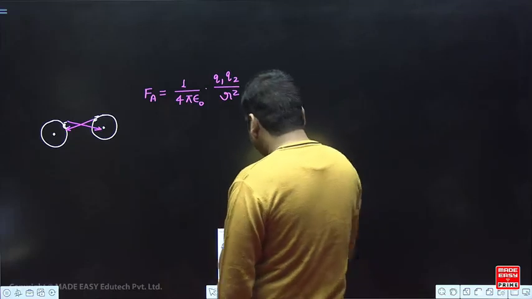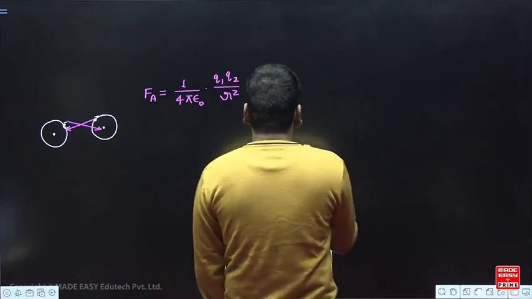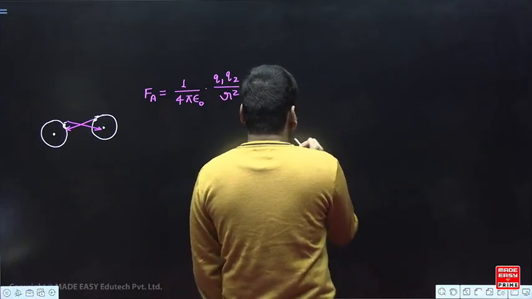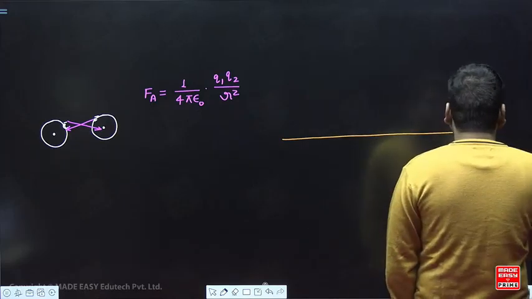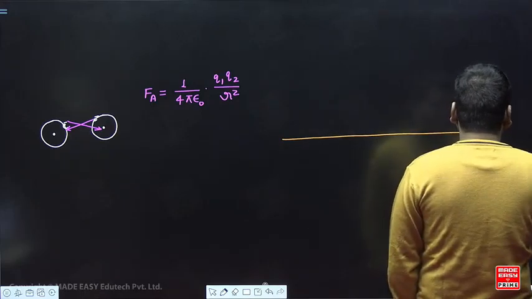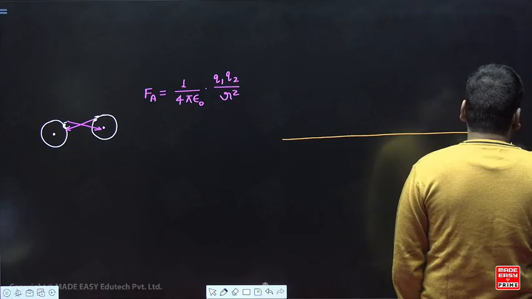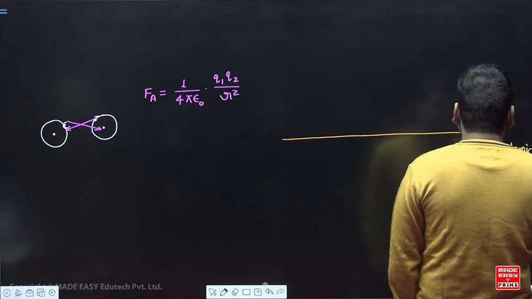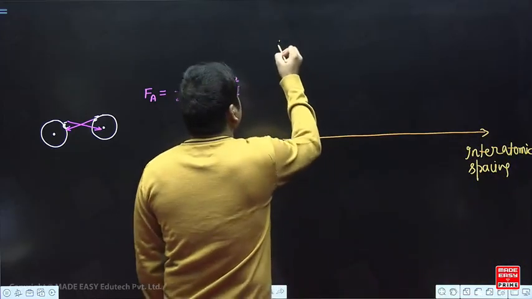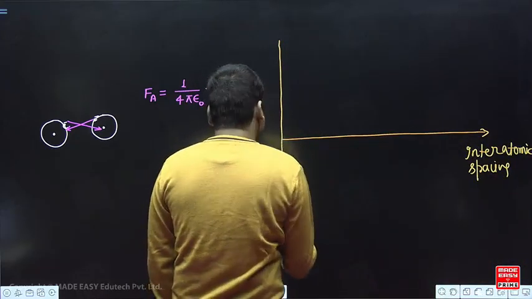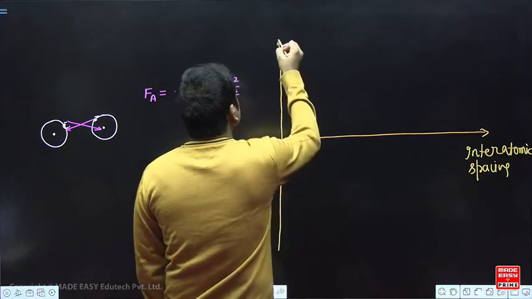Let us suppose I plot this force. If I plot this force, it would be looking like this. This axis I am taking interatomic spacing. Interatomic spacing means the distance between the two atoms. And at this axis we are plotting force.